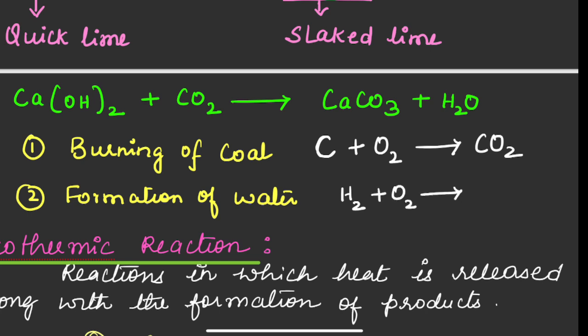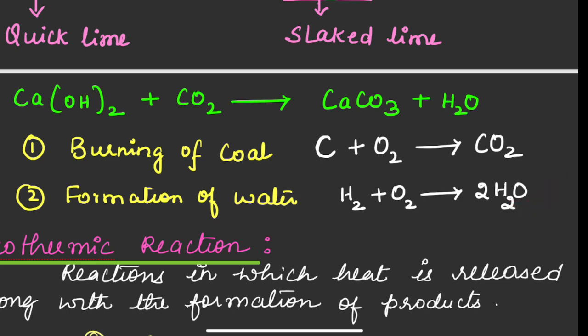Hydrogen and oxygen gas will combine, resulting in the formation of water, H2O. Even this is a combination reaction, because you can see here hydrogen and oxygen is reacting. There are two reactants, this is one and this is two, and results in the formation of product.